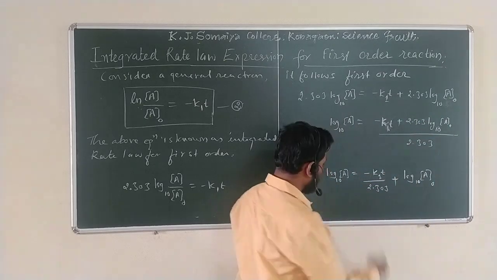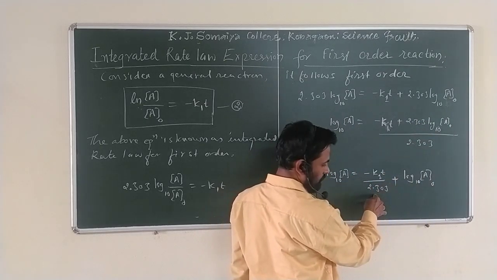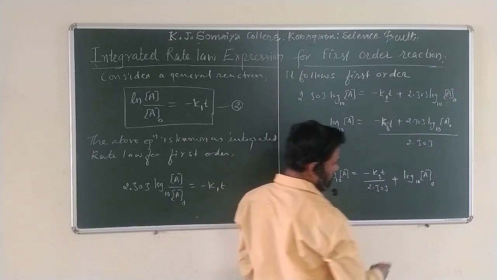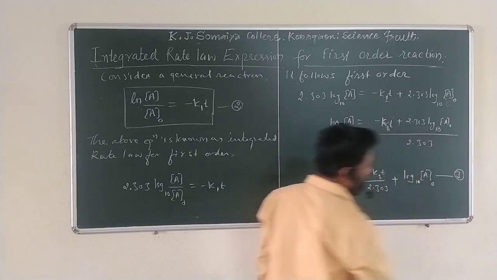After simplifying, 2.303 gets cancelled, and you will get log10 of concentration of A equal to minus K1 t upon 2.303 plus log10 of A0. Call this equation number 3.